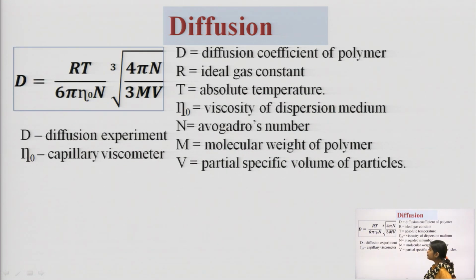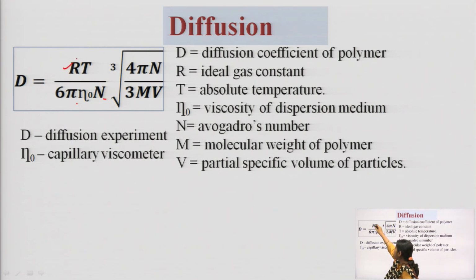Now, diffusion D is equal to RT divided by 6 pi eta N times the cube root of 4 pi N divided by 3 M v.